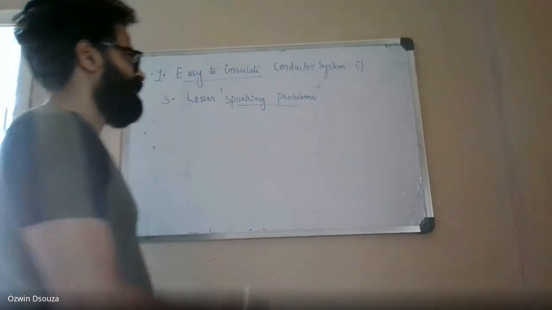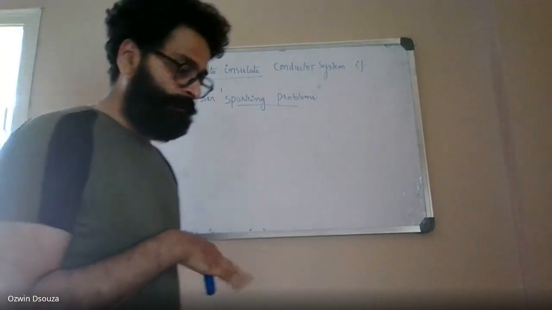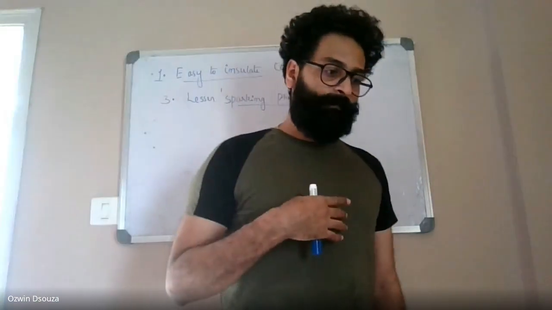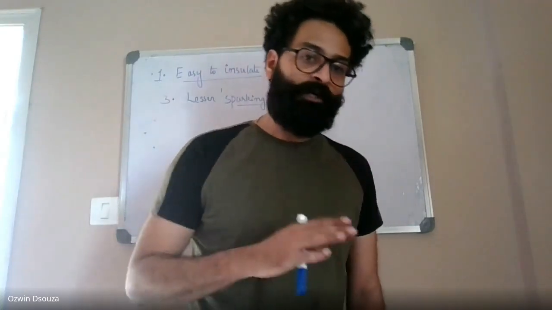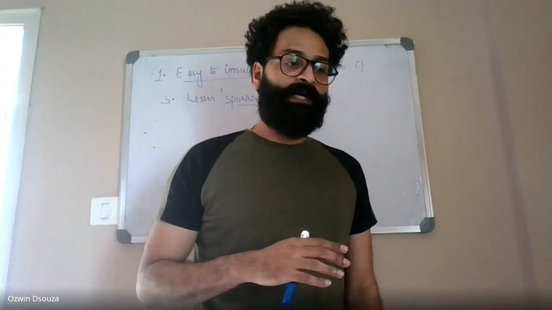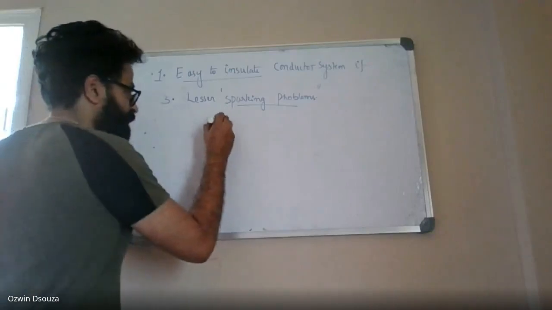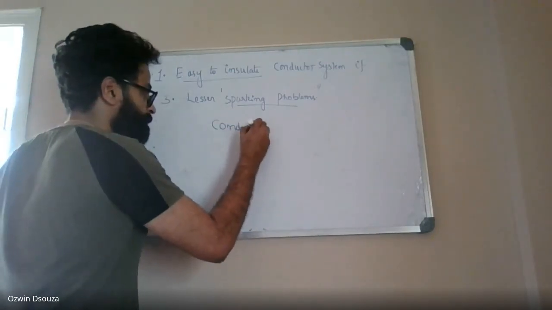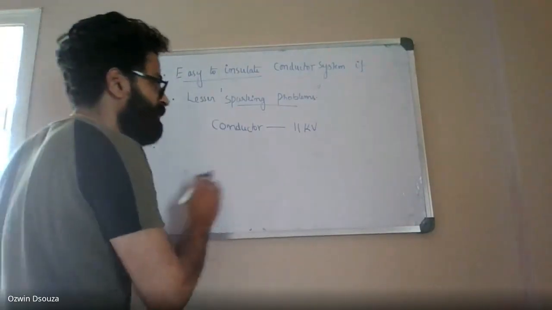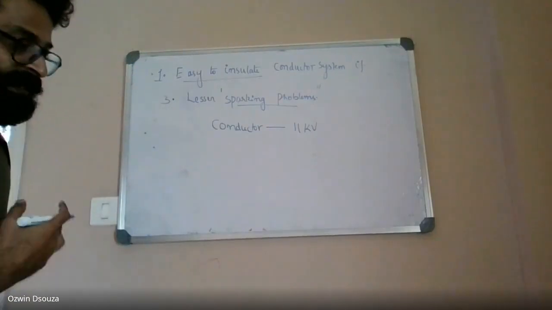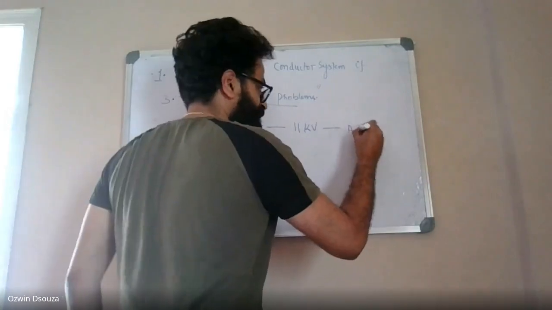Now in our discussion, I'm relating this sparking problem to the placement of conductors onto the rotor side. If you had kept the conductors onto the rotor side, what would have happened? So conductors work at 11 kilovolt level. The EMF generated in the conductor is in the order of 11 kilovolt, and its nature is AC.